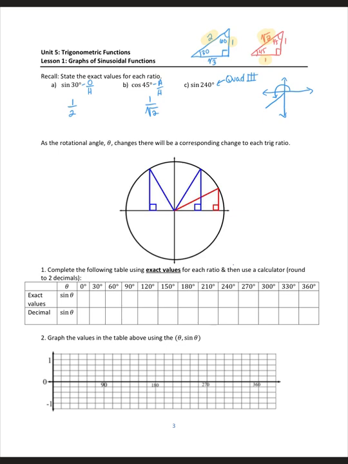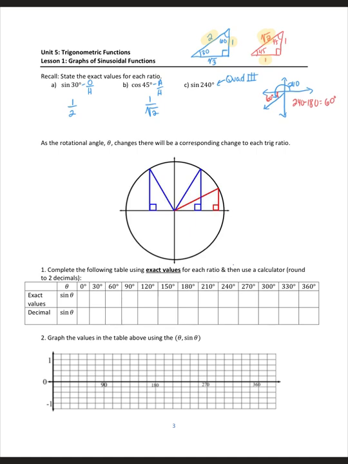Because the first quadrant is 90, the second one is 180, and then into the third for that 240. So if that's 240 degrees, then we know this related acute angle right here is going to be the difference between 240 and 180, which is 60 degrees. So this little angle in here is 60 degrees.